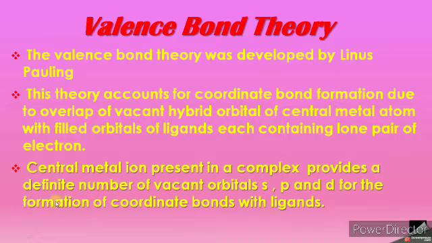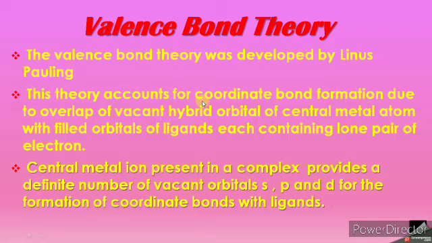So all are familiar with covalent bond. Covalent bond is nothing but mutual sharing of one or more electrons to form a bond between two atoms. So in covalent bond, both the bonded atoms share electrons, one or more. Here in coordinate bond, there is also a sharing, but both the atoms do not share electrons.